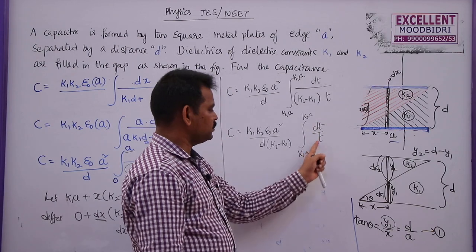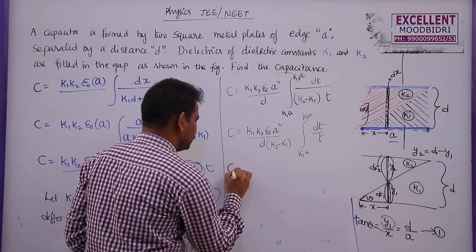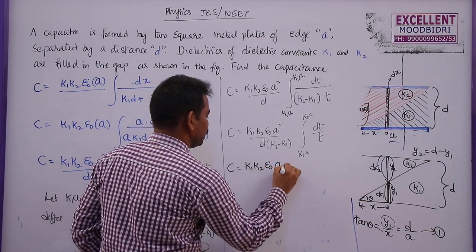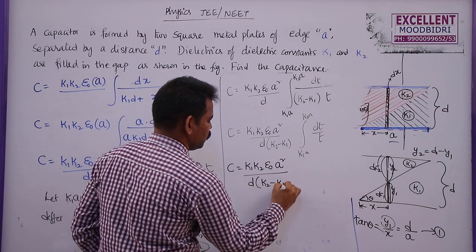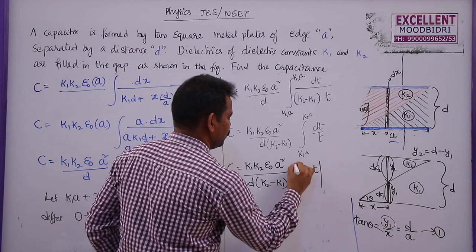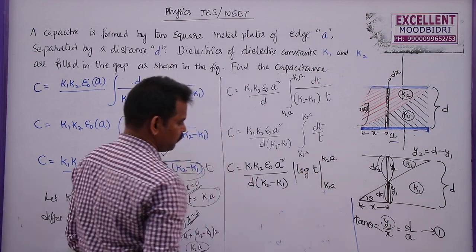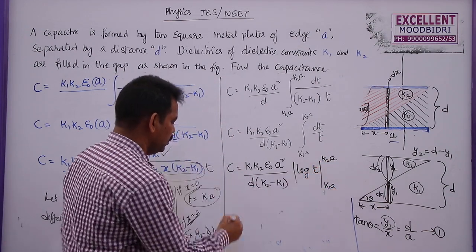We know integral dx by x is log x, so integral dt by t is log t. So capacitance is given by K1 K2 epsilon naught A square by D into K2 minus K1, times log t with limits K1a, K2a. Now you can substitute the t value. This is the upper limit, this is the lower limit.